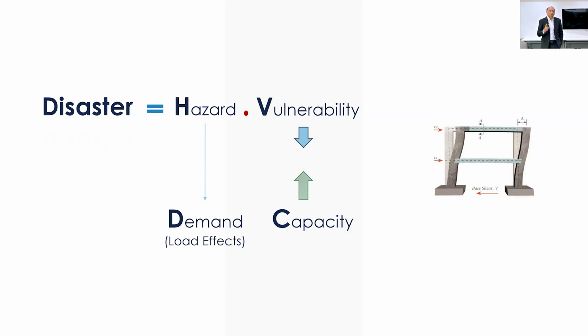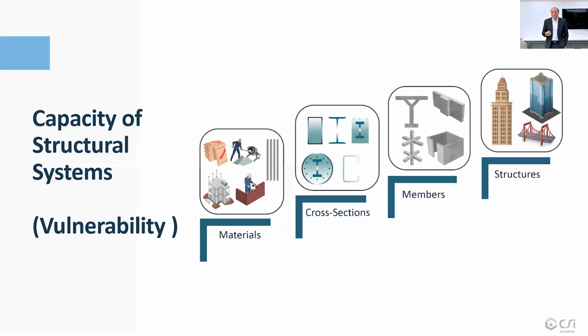We are going to talk about two kinds of capacity: the strength capacity, or the traditional capacity from the code-based design procedures, and the enhanced capacity for deformation and so on that we can compute using other techniques. So let's get into that.